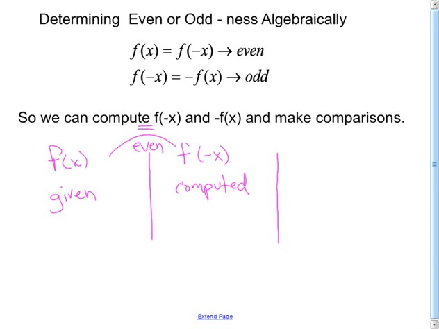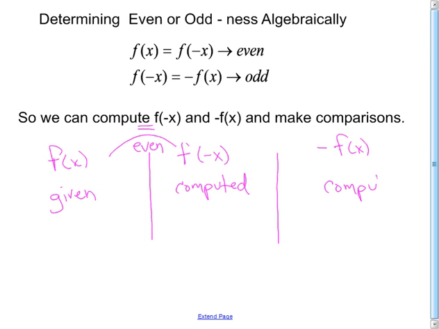Okay? But if not, we move on to the next layer of comparison, which, again, like I said, I'm going to use f at negative x in both of them. So I'm going to compare f at negative x with the opposite of f at x. And the opposite of f at x is computed.